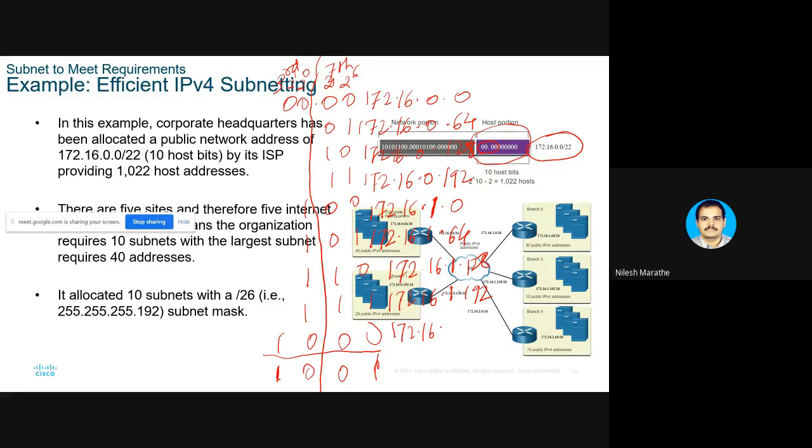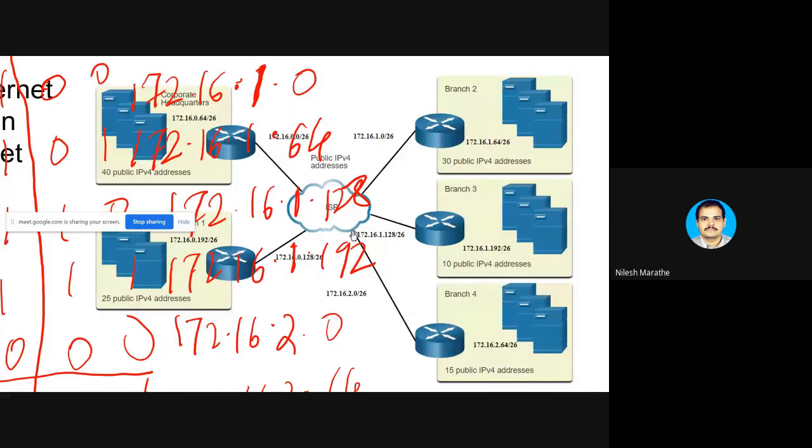This is 2 raised to 1, so 2. Correct, 2.0, then 2.64. Now see what is in this: 172.16.0.0, 172.16.0.64, 172.16.0.128, 172.16.0.192. After that this series is finished.